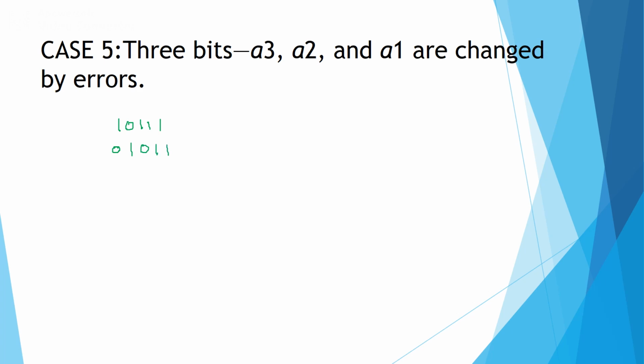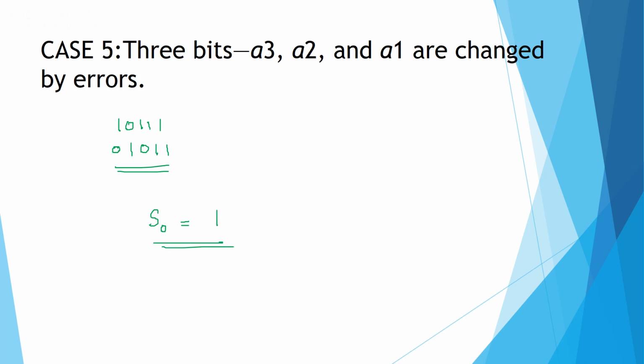So now the received code word is equal to 01011. Now we can compute the syndrome S0. Since we have an odd number of ones, the syndrome value will be S0 equal to 1. In such an instance the receiver will discard the code word.